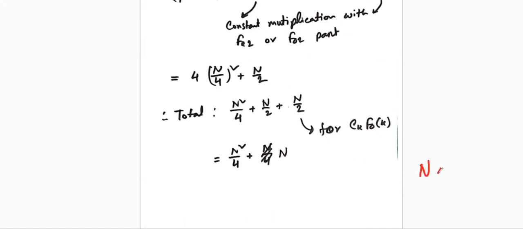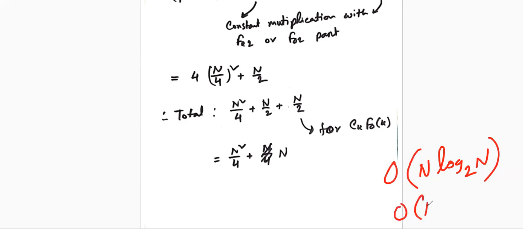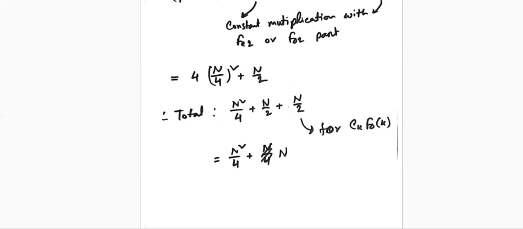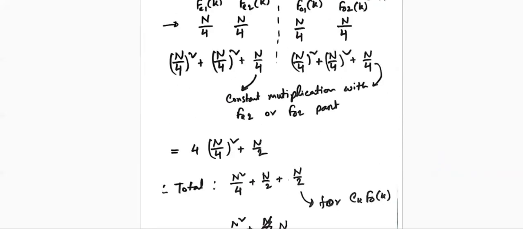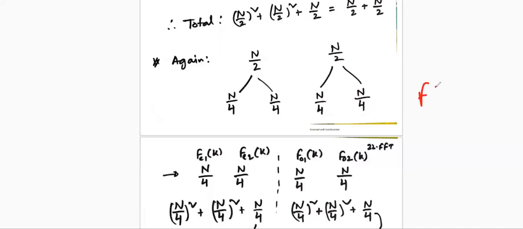That means you need log to the scale n. So that is the multiplication order of this. Previously, it needed an order of n square, and this is a very efficient and fantastic algorithm, which is known as the fast Fourier transform.